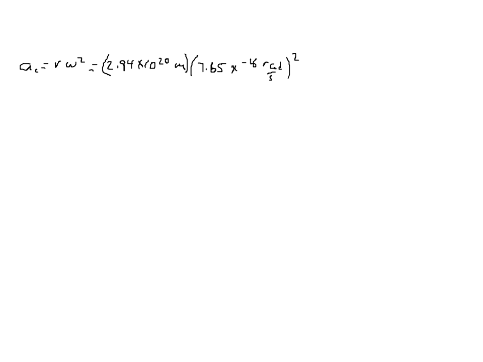So clearly we're going to end up with a small number because we've got 10 to the 20th times 10 to the minus 16th squared. That's going to be 10 to the minus 32nd. So we end up with a very small negative exponent, and that equals 1.66 meters per second squared.